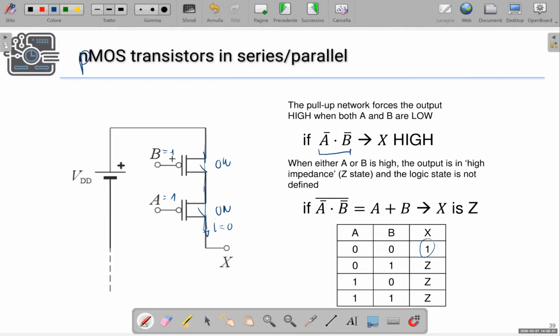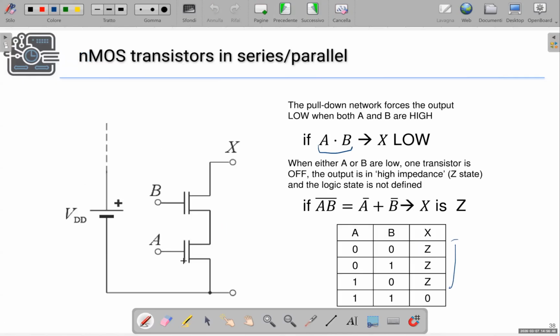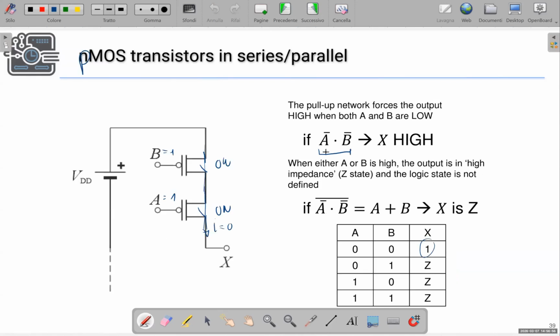So when the first switch is on and the second switch is on, that means for the NMOS switches, when both the gate signals are high, and for the PMOS switches, when both the gate signals are low.